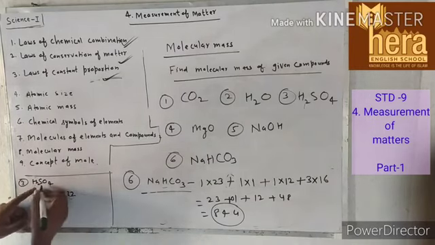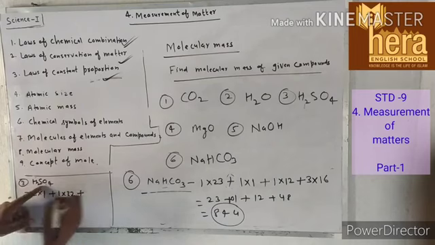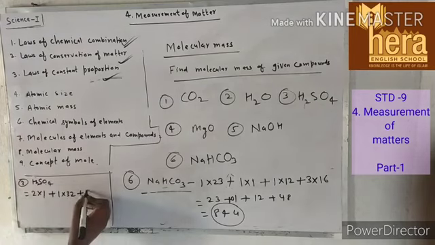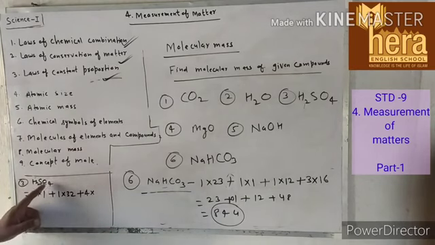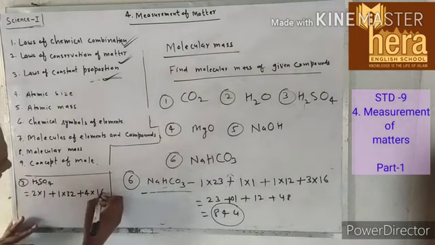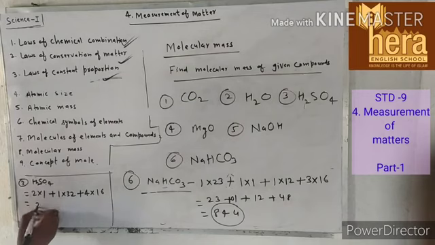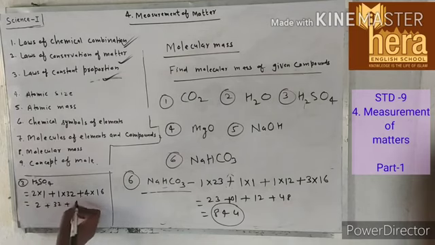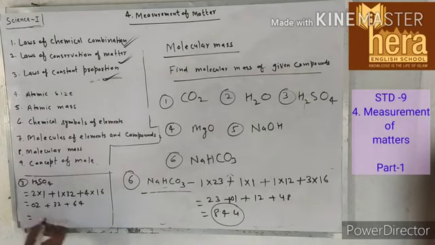Between sulfur and oxygen, again a plus sign. There are 4 oxygen atoms, so 4 into the atomic mass of oxygen, 16, on page number 49. This equals 2 plus 32 plus 64, which is 98 U, meaning Dalton.